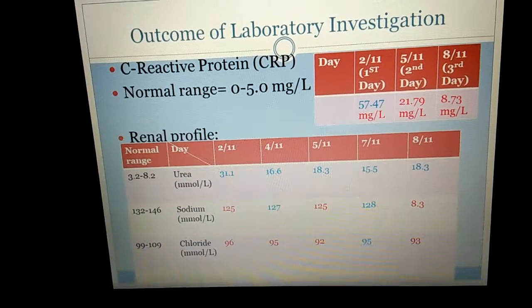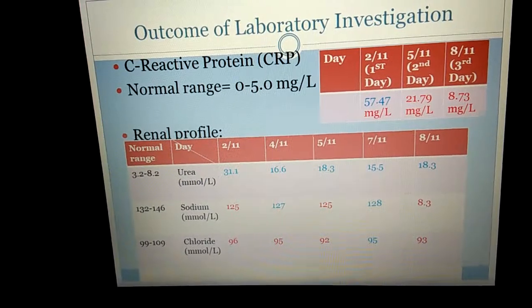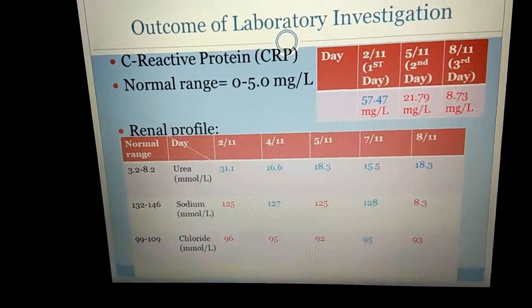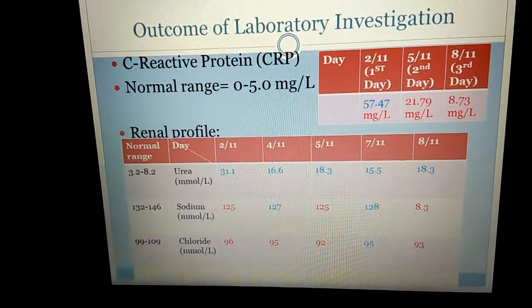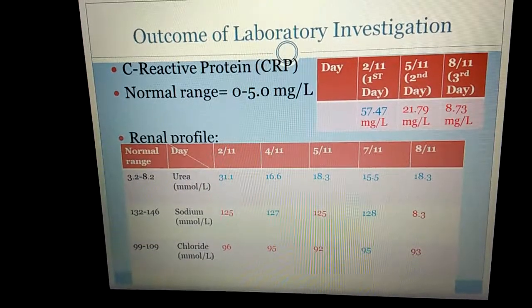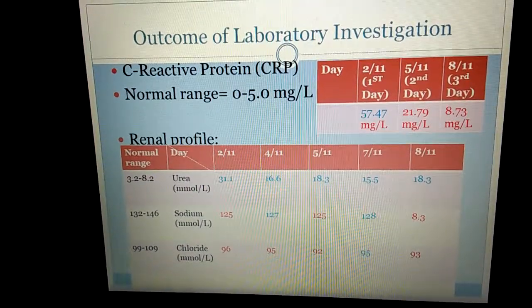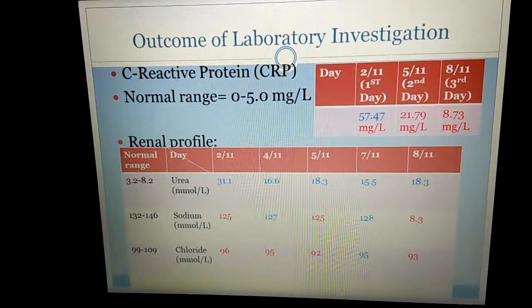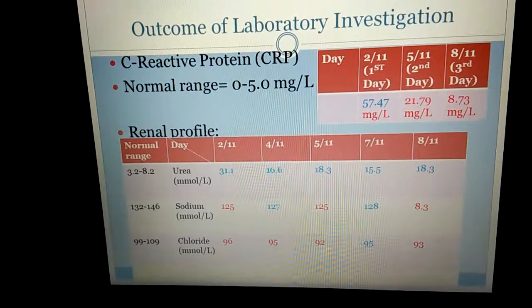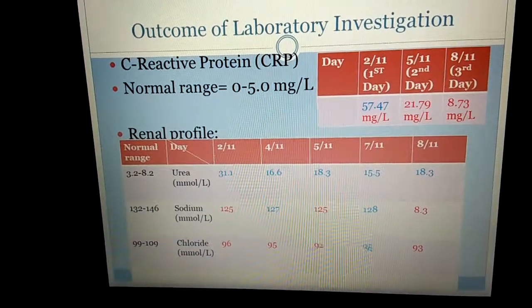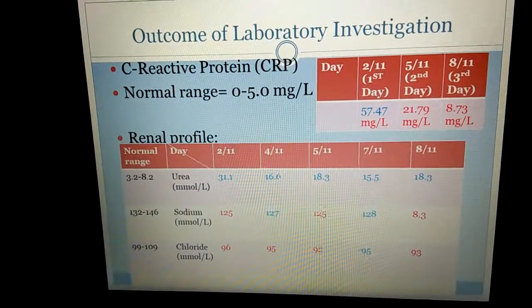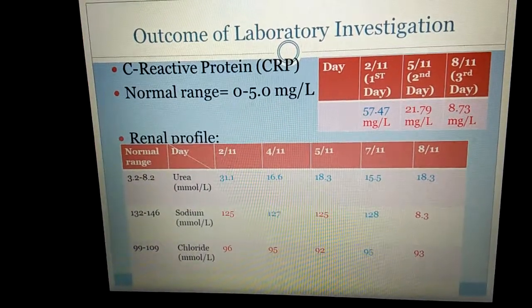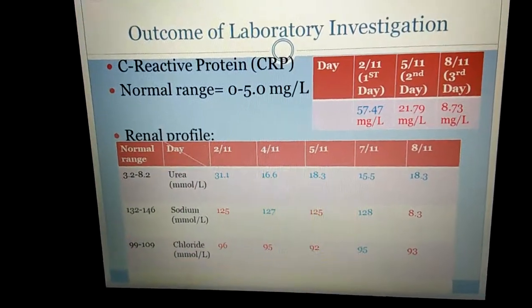The patient's reading for the urea is higher than the normal range. And for the sodium, the normal range is 132 until 146. The patient's reading for the sodium is lower than the normal range. And for the chloride, the normal range is 99 until 109. The patient's reading of the chloride is lower than the normal range.